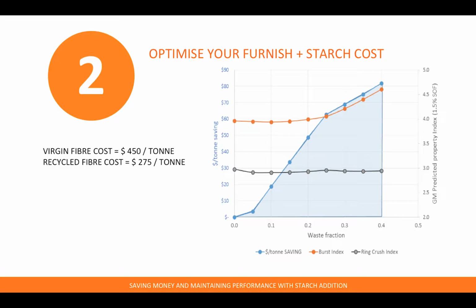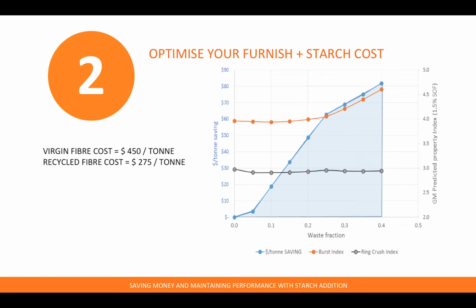The second thing you can do is optimize your furnish and starch cost. Believe it or not, sometimes it's possible to increase your performance by adding recycled fibre and a small amount of starch. And here's an example of that happening where the x-axis is the waste fraction, the left-hand axis is the dollar per tonne saving, and the right-hand axis is the GM predicted property index with the same amount of starch.